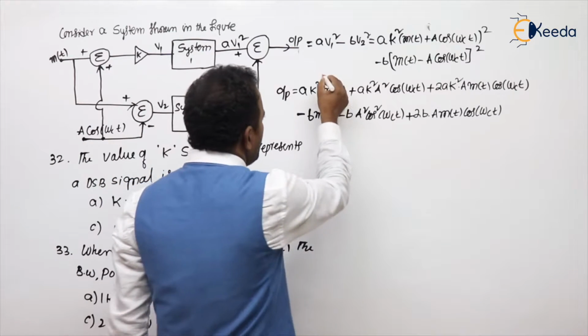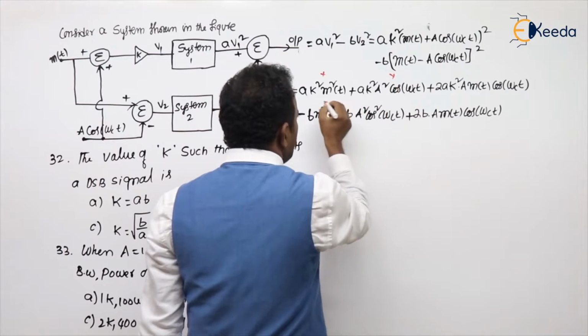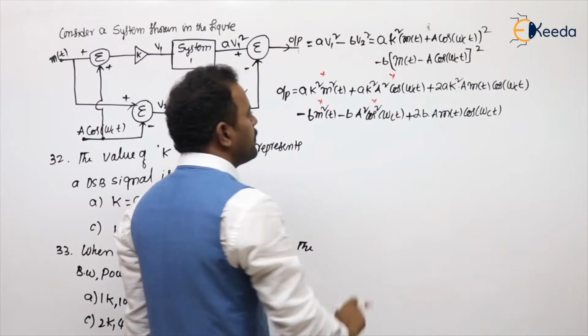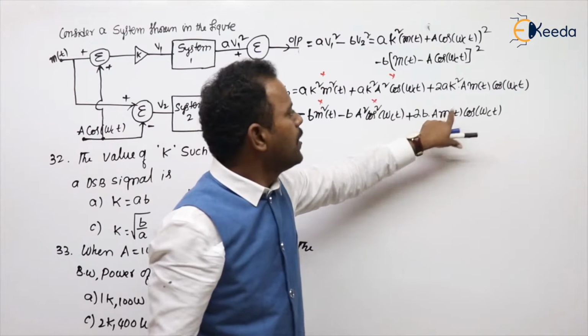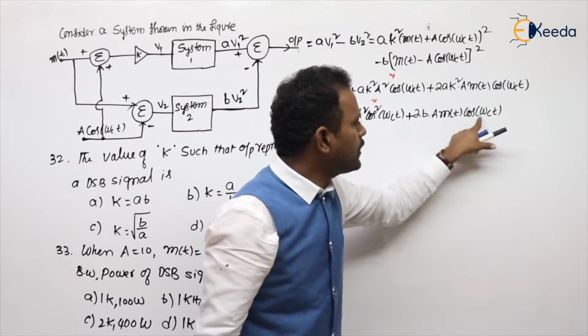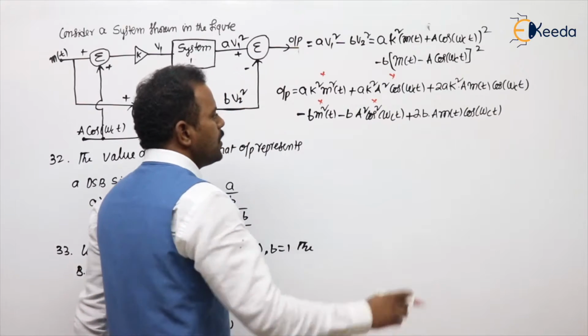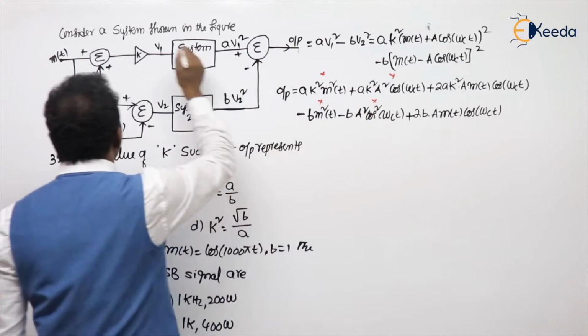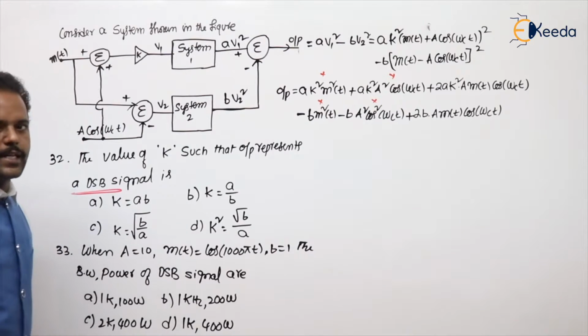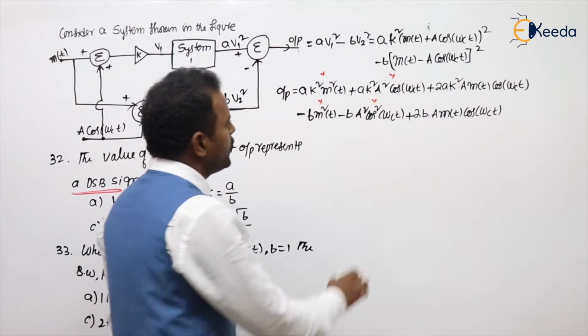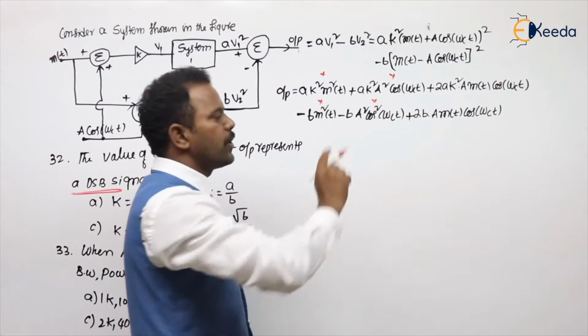So the first, second, fourth and fifth terms are not DSB. These two are the DSB terms because the message multiplies with the carrier. To make it only DSB-SC, these 4 terms should be 0.